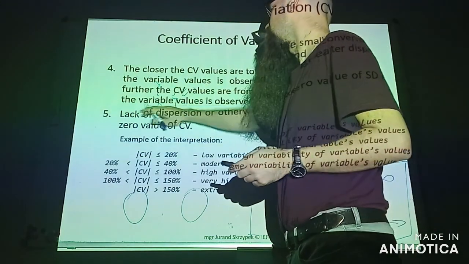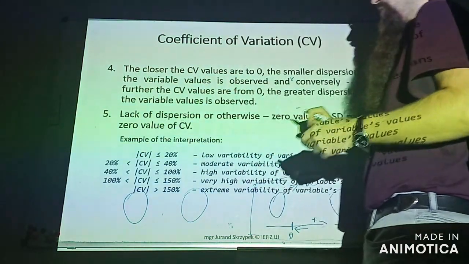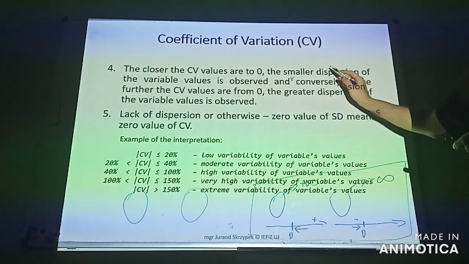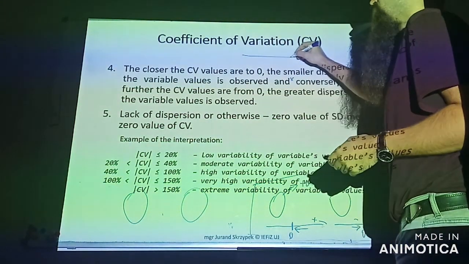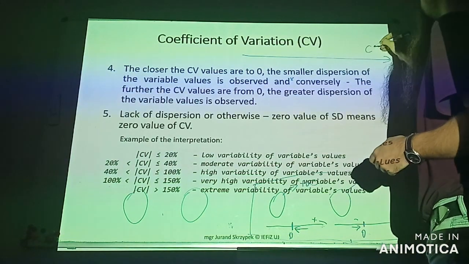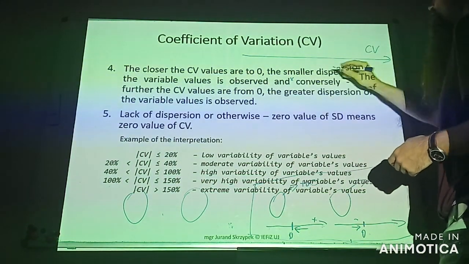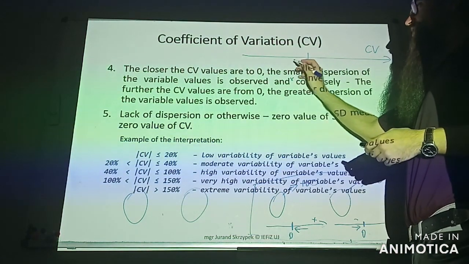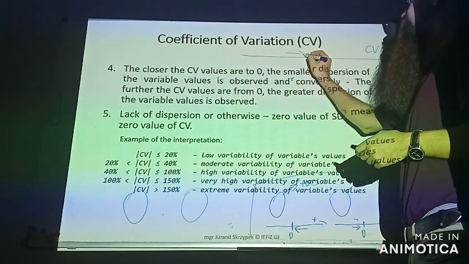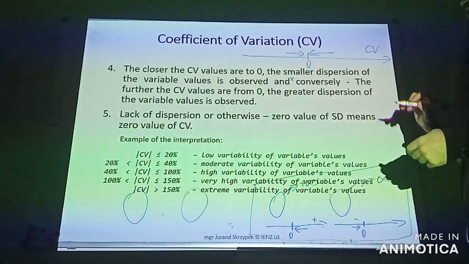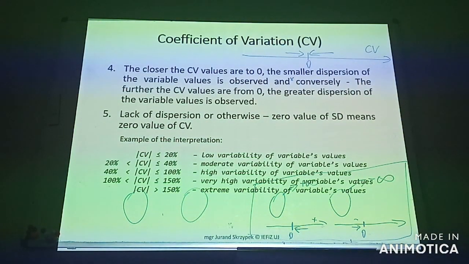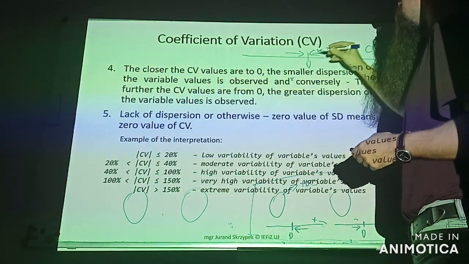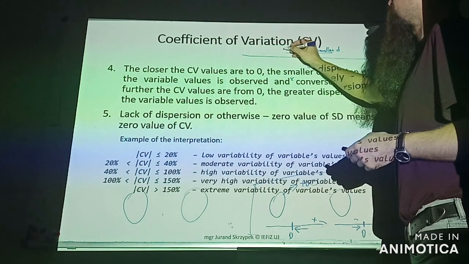Other properties of coefficient of variation. Here we have the coefficient of variation values, and the closer the coefficient of variation values are to 0, the smaller dispersion we have. Smaller dispersion here and here.